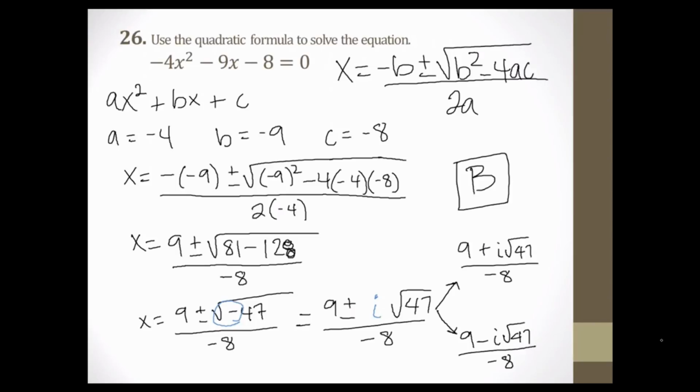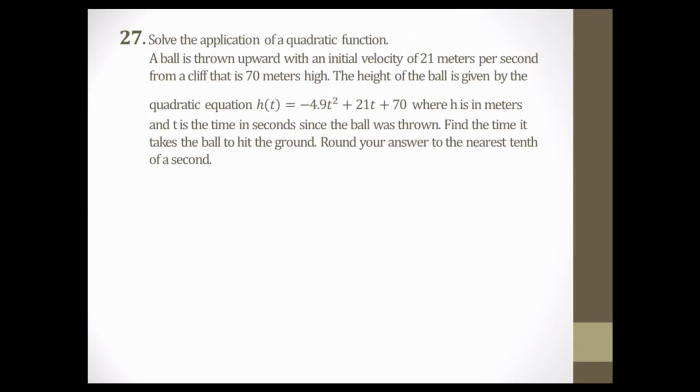If there's any questions on quadratic formula, we're going to use it one more time in problem number 27. So solve the application of a quadratic function. A ball is thrown upward with an initial velocity of 21 meters per second from a cliff that is 70 meters high.